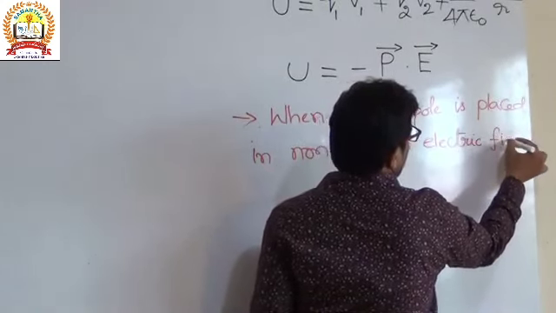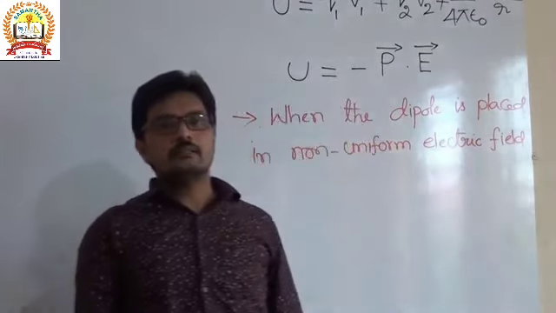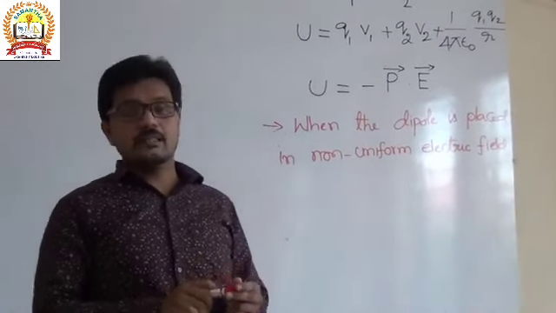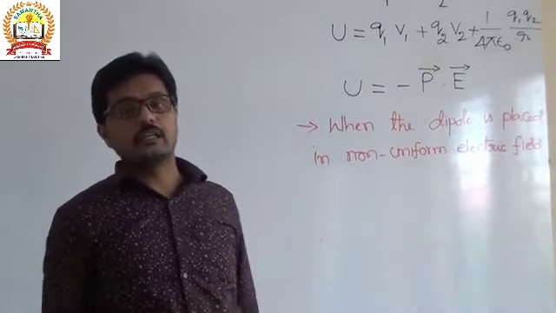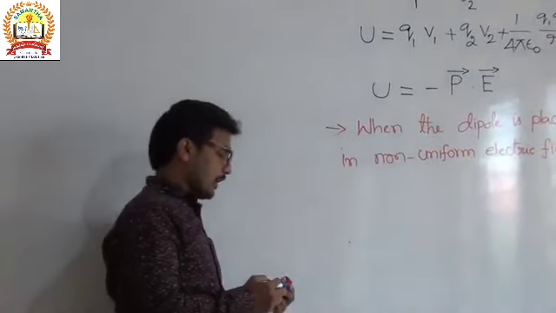We know that when it is placed in a uniform electric field, it doesn't experience a net force. Whereas when we place it in a non-uniform electric field, it experiences a force as well as the torque.